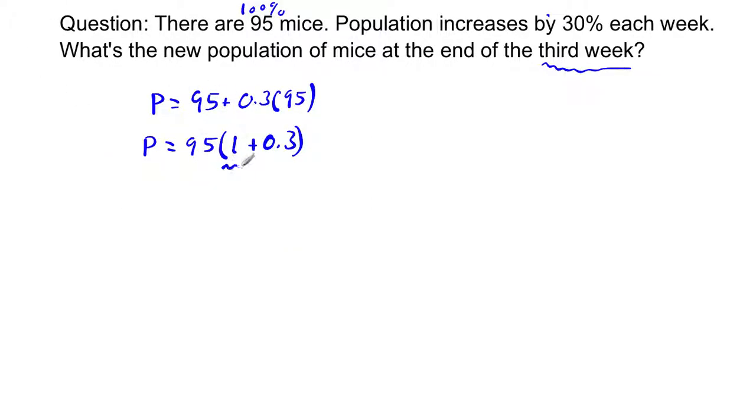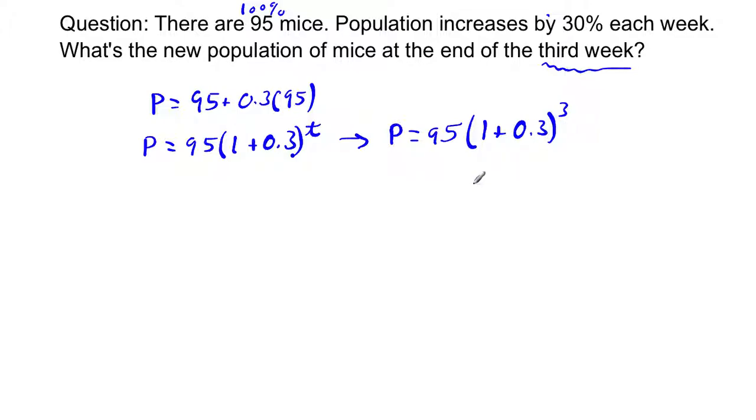This part right here, this is what changes each week. So if this is going to be how many weeks it is, we can add a variable in here. This is our exponent. This t is going to stand for how many weeks afterwards. So how many mice do we have after the third week? Well, this is going to be 95 times 1 plus 0.3 to the third.